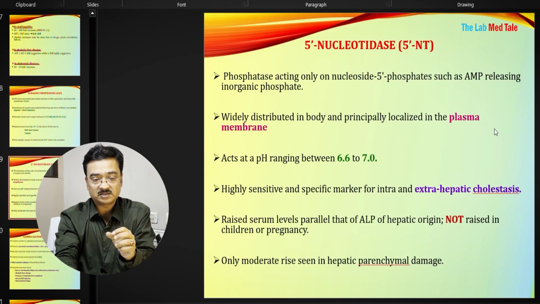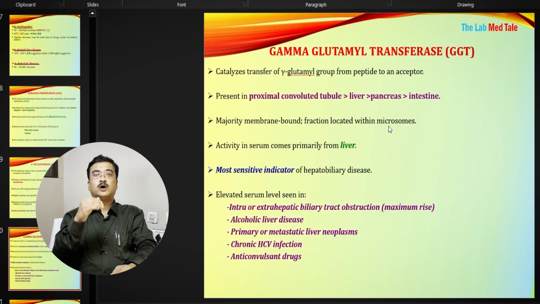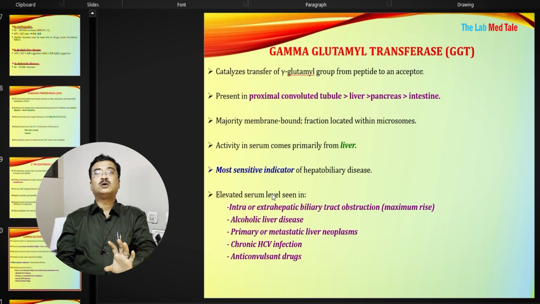Gamma-glutamyl transferase is another one, mostly present in the PCT of the kidney, then in liver, pancreas, and intestine, but it is a very sensitive indicator of obstructive liver disease. So when there is obstructive jaundice, it causes a high rise. It is also a very sensitive marker of alcoholic liver disease.